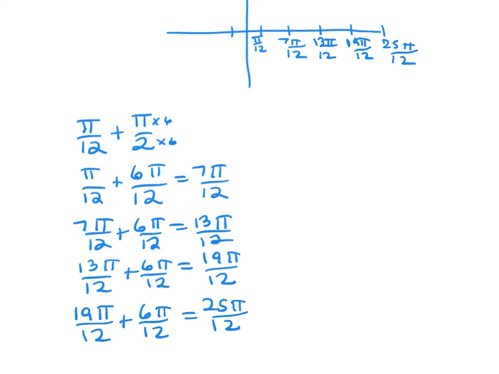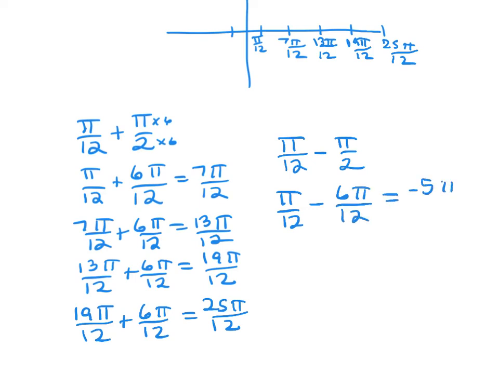I now need to subtract 90 degrees. So I'm taking my pi over 12, subtracting pi over 2. Again, I'm going to turn it into the common denominator, which is 6 pi over 12, and I get -5 pi over 12. Notice this time it's not the mirrored image, so I got to do all the calculations.